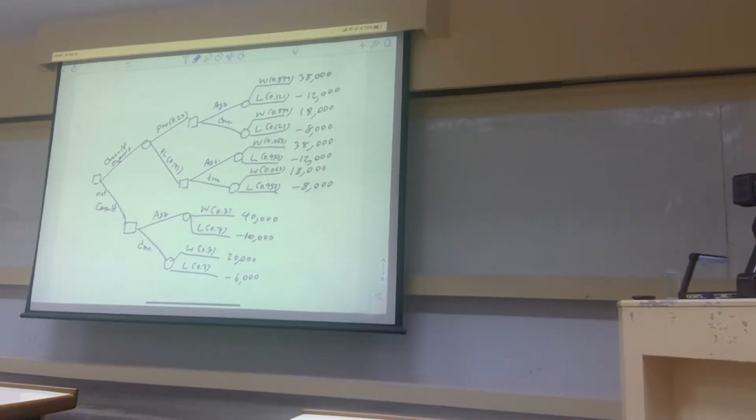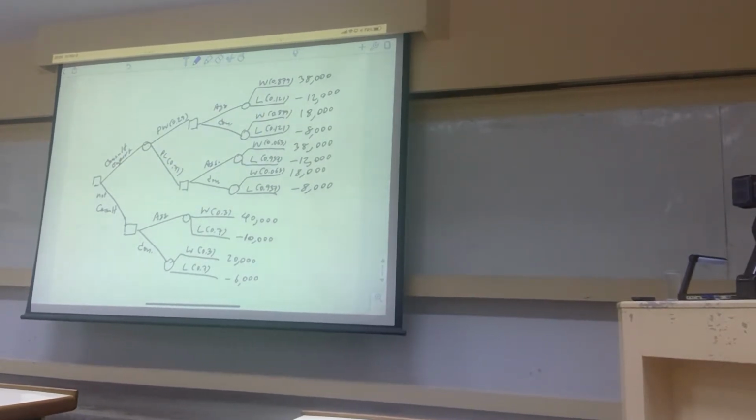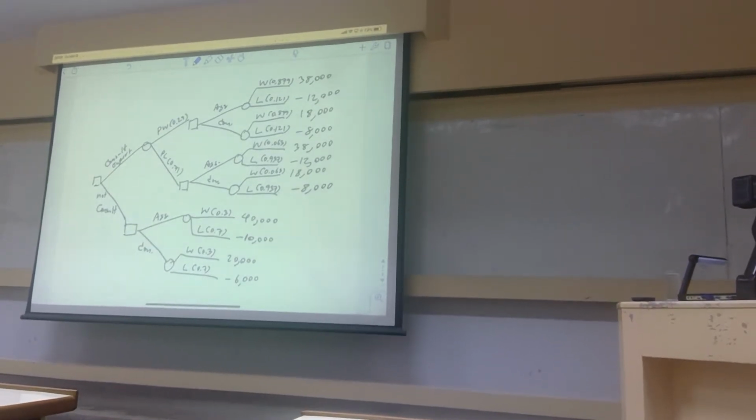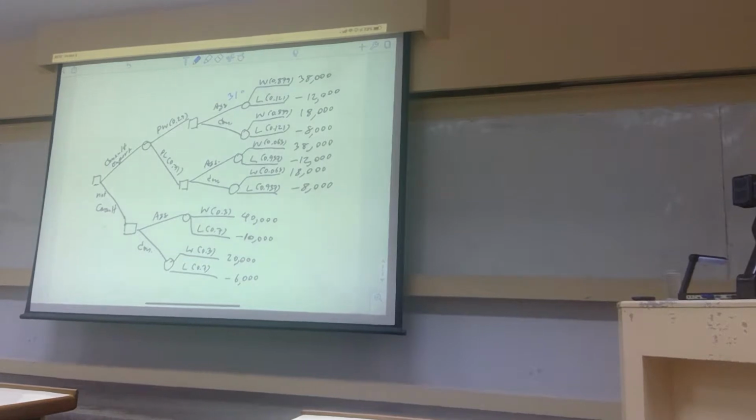And then we calculate the EMV for each outcome node. So for example, the first outcome node we're using 0.879 multiplied with 38,000 plus 0.121 multiplied with minus 12,000. Here we have 31,950.